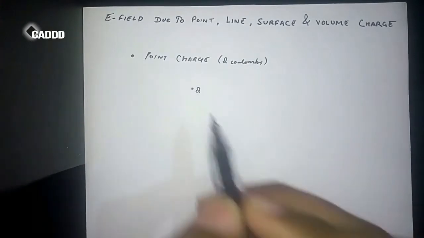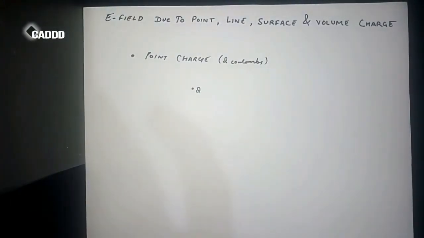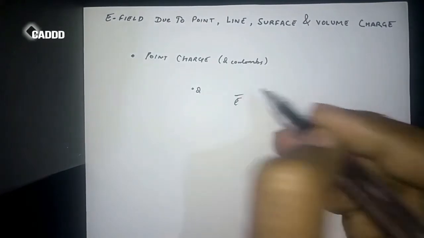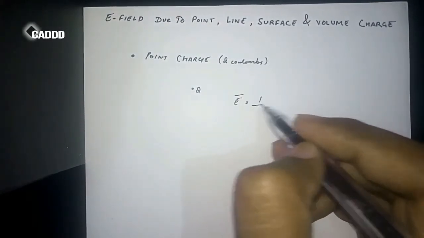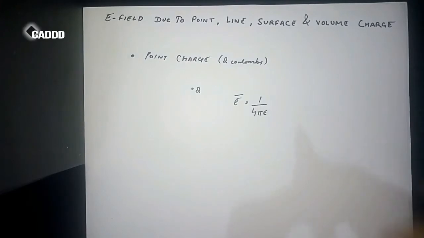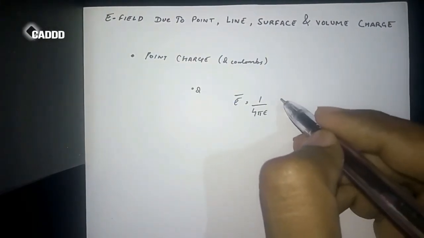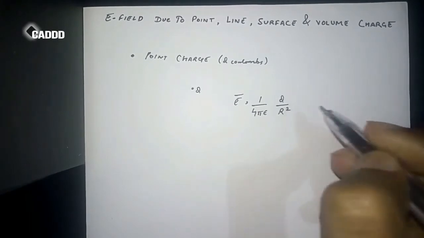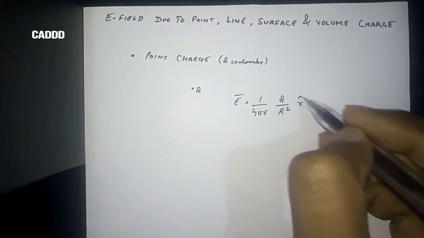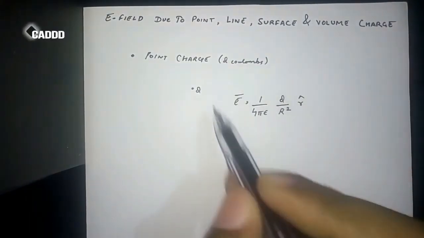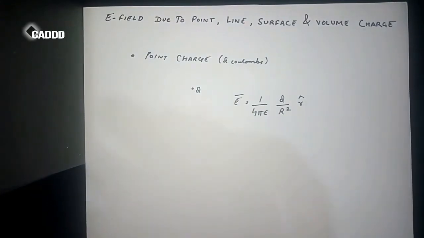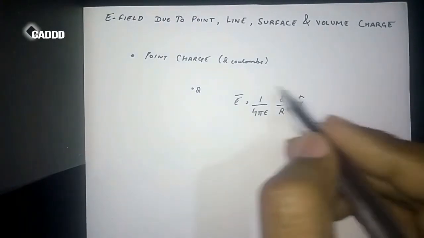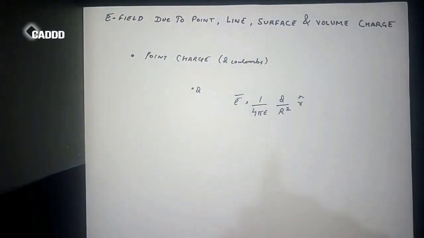As we know, the electric field formula is 1 by 4 pi epsilon into charge by the distance squared into r cap. This formula we derived in previous classes. This is the electric field due to a point charge.